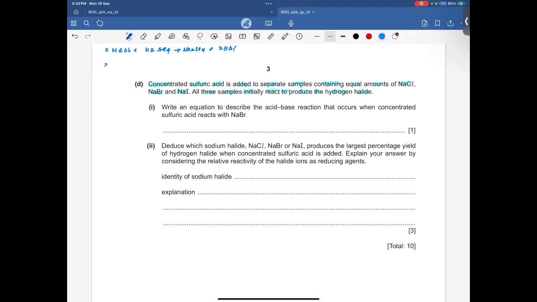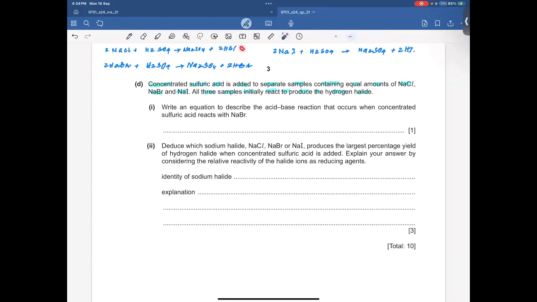Okay, so when we talk about sodium bromide, it is reacting with sulfuric acid, again converting into sodium sulfate and HBr, and obviously HBr has misty fumes. Last but not the least, sodium iodide is reacting with concentrated sulfuric acid. So it will turn to sodium sulfate and hydrogen iodide.